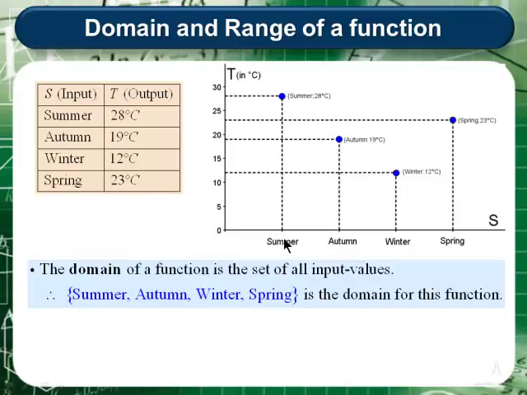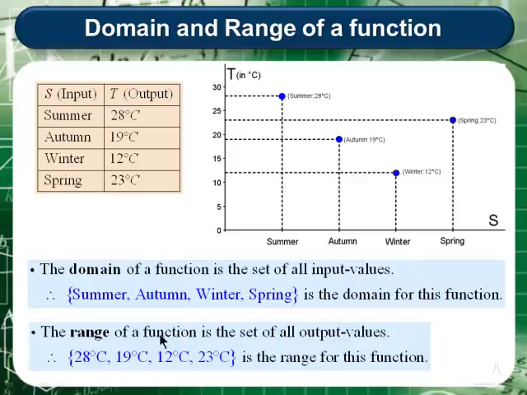So all the values on the horizontal axis for which there is a specific output value. While the range of the function is the set of all output values. In this case, all the temperatures, or all the values that you find on the vertical axis, or all the temperatures for which there is a specific input value.